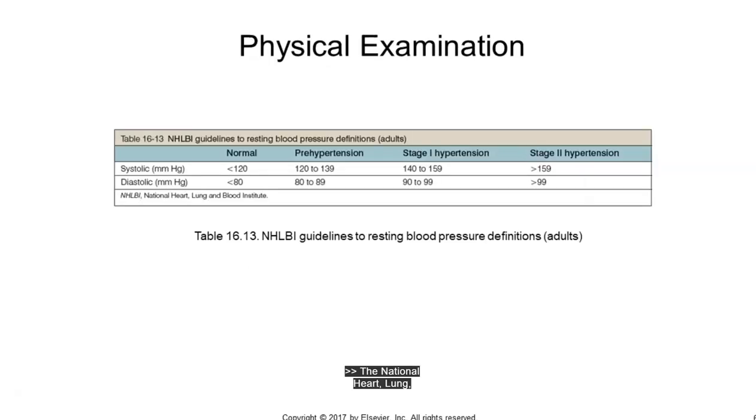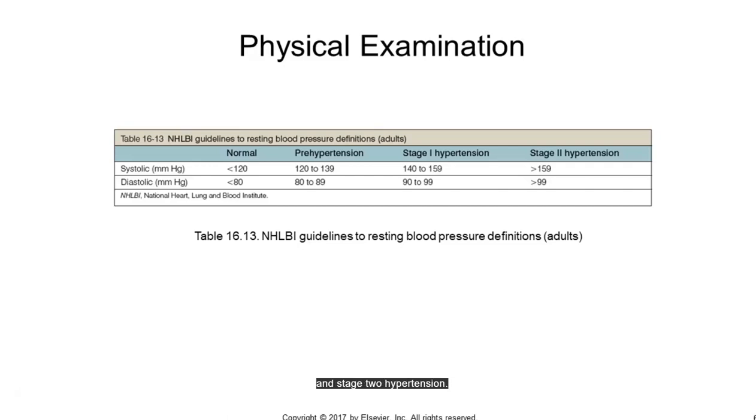The National Heart, Lung, and Blood Institute, NHLBI, sets the criteria for normal blood pressure defined as less than 120/80, prehypertensive systolic between 120 and 139, and diastolic between 80 and 89. Stage 1 hypertension, systolic between 140 and 150, and diastolic between 90 and 99.